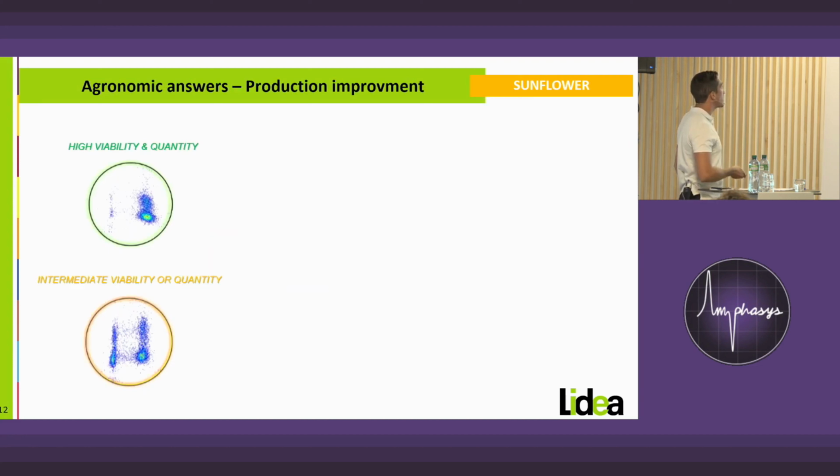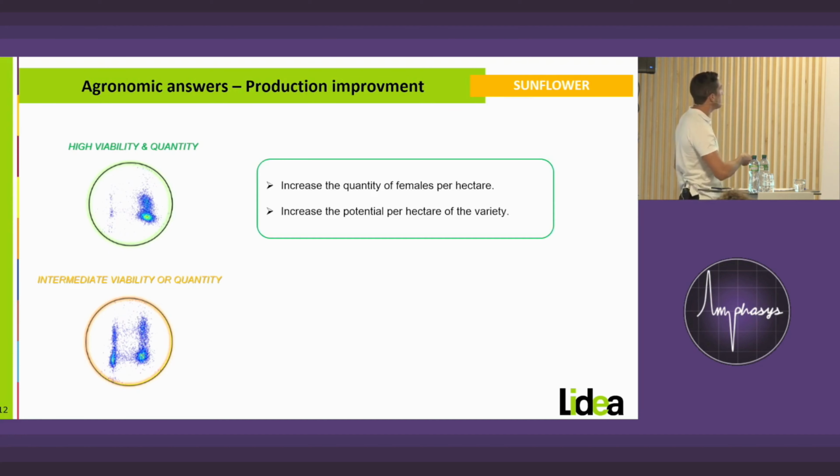So now, what can we do when we have this kind of results? For the group with high viability and high quantity, the production team can increase the quantity of females per hectare, because the males can produce enough viable pollen to pollinate all the other females. So we will increase the potential per hectare of the variety.